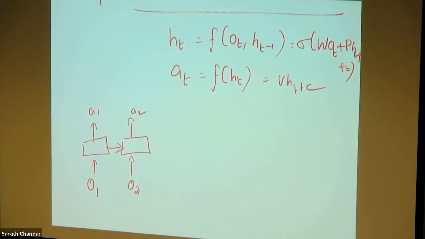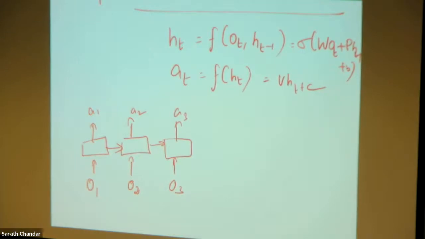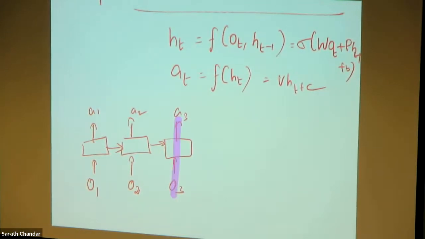Then O3. So you can see that when the agent took action A3, it is actually a function of O1, O2, and O3. But it is a compact representation: the H that you're seeing here is a compact representation of O1, O2, O3.